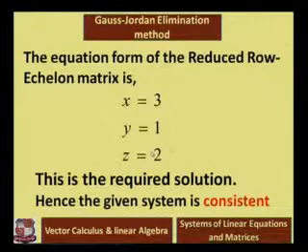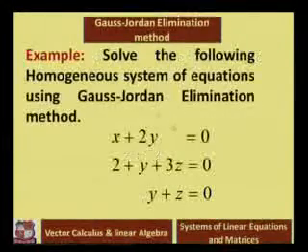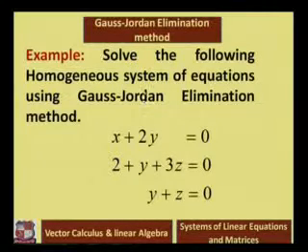Now consider one more example, the homogeneous system of equations, and using the Gauss-Jordan elimination method we solve this homogeneous system.